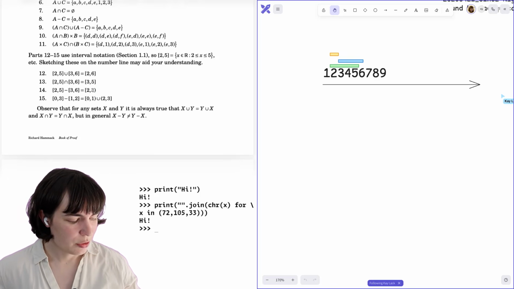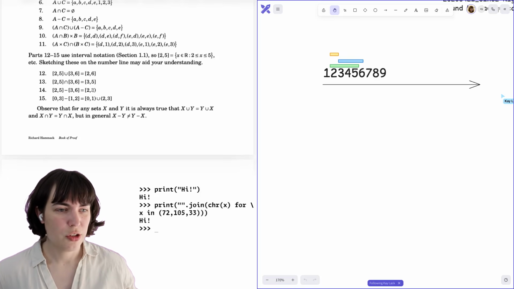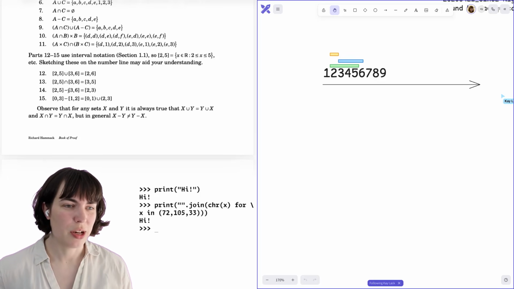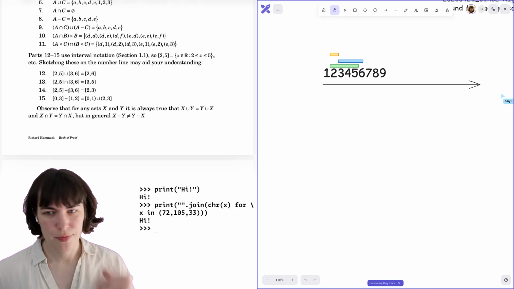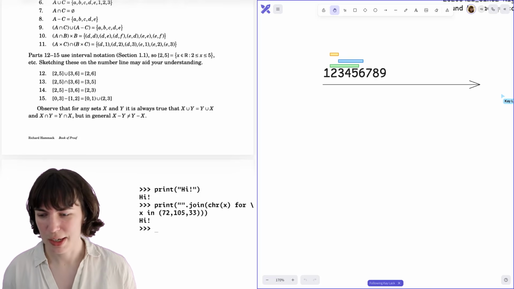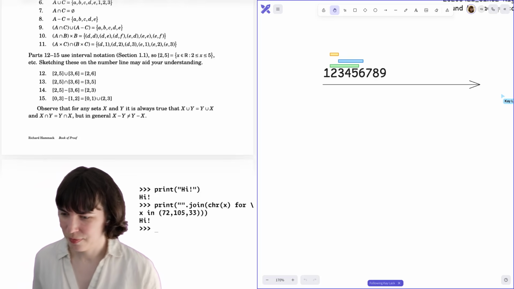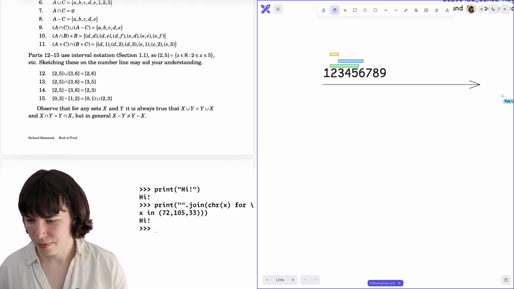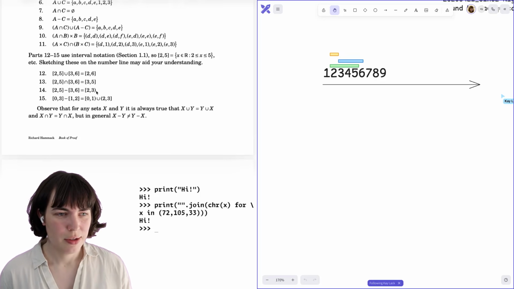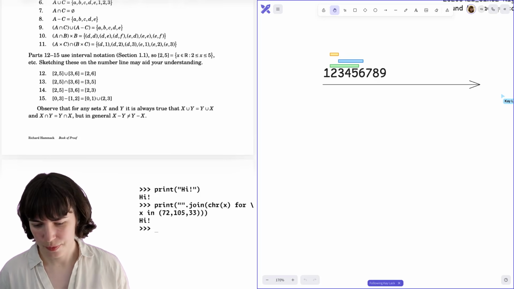It's an open interval, which means it doesn't include the 3. So basically we're saying everything up until but not including 3 in the real numbers, which is very close to 3, but not exactly. Okay, that makes sense. Half open interval, yeah, that makes sense.